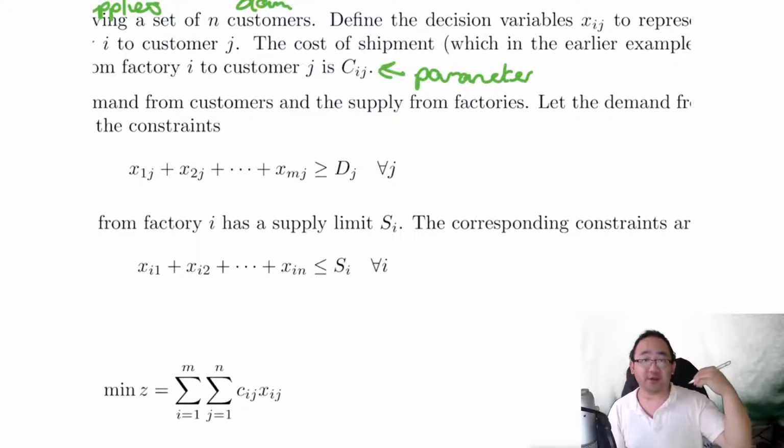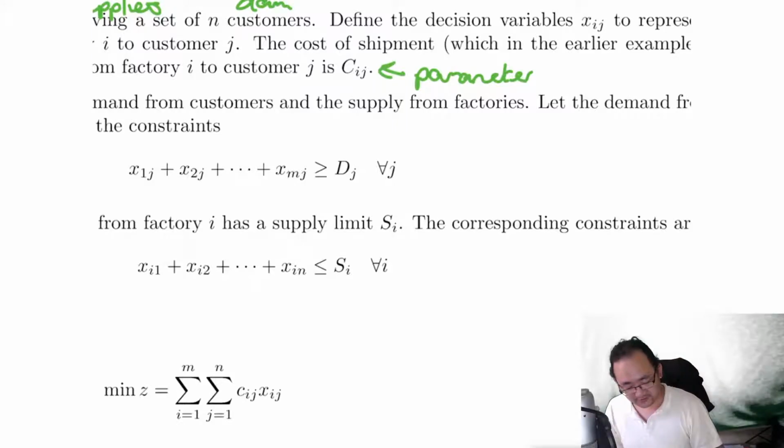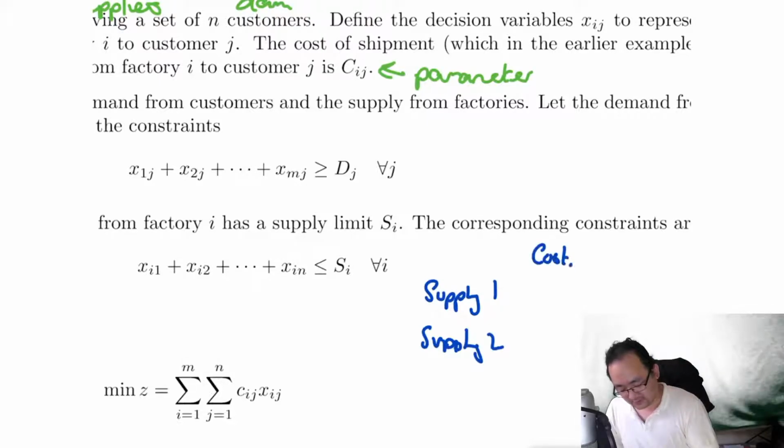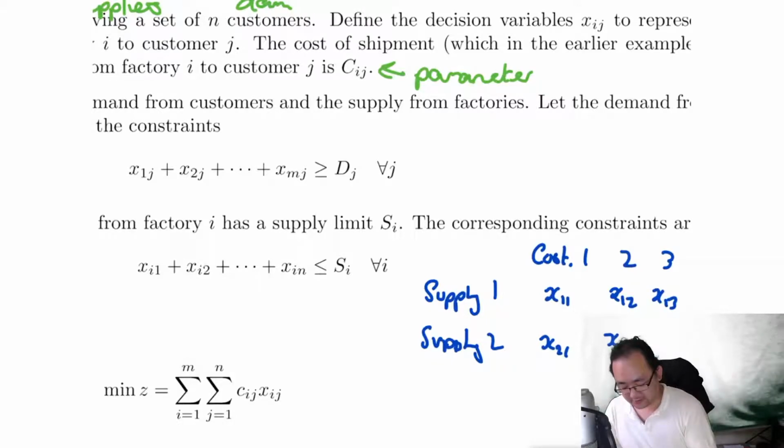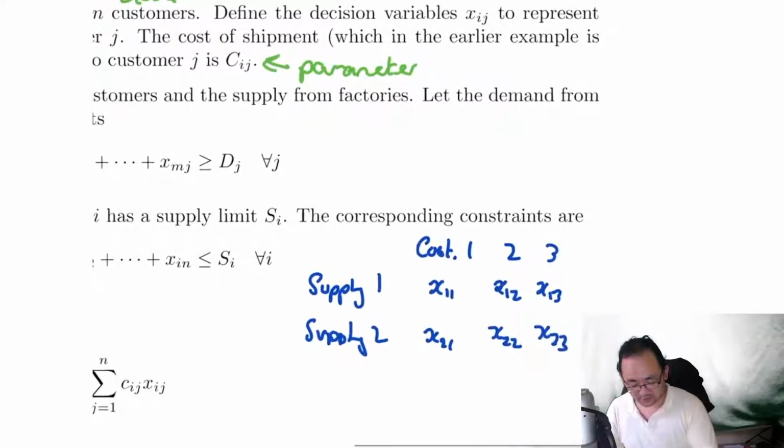Remember how we had a table before: supply 1, supply 2, and then customer 1, 2, and 3, and then x11 and some amount, x12, x13, x21, x22, x23. What we had before was the supply amount on the right here.